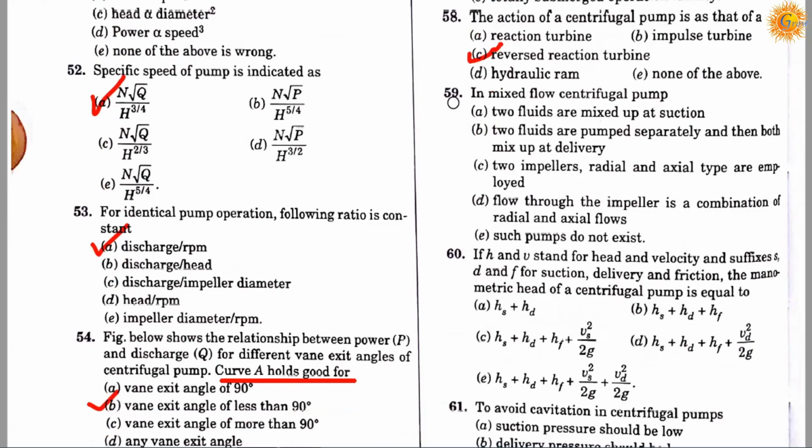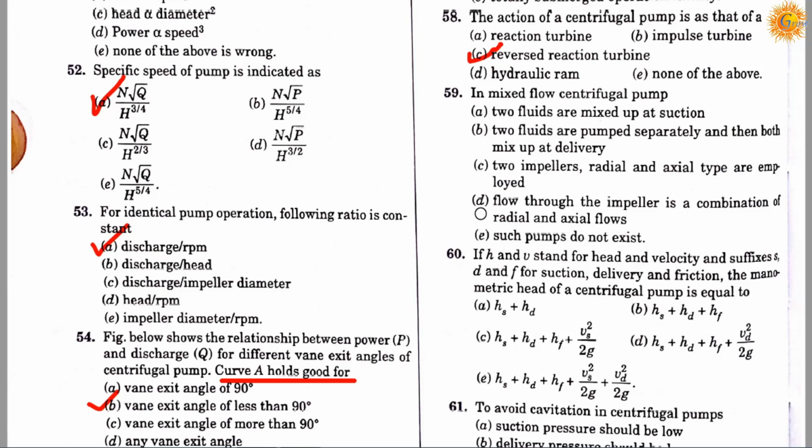Question number 59. In a mixed flow centrifugal pump, option A, two fluids are mixed up at suction, option B, two fluids are pumped separately and then both mixed up at delivery, option C, two impellers, radial and axial type, are employed, option D is flow through the impeller is a combination of radial and axial flows, and option E is such pumps do not exist.